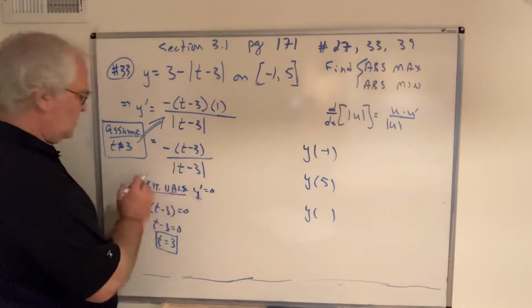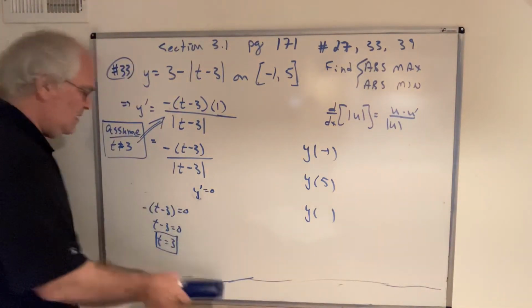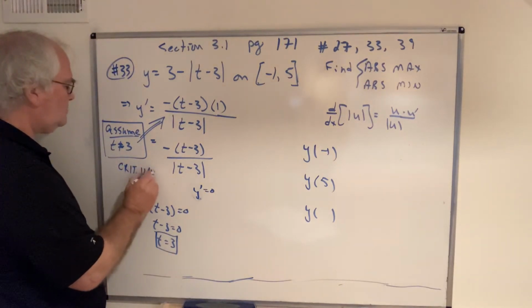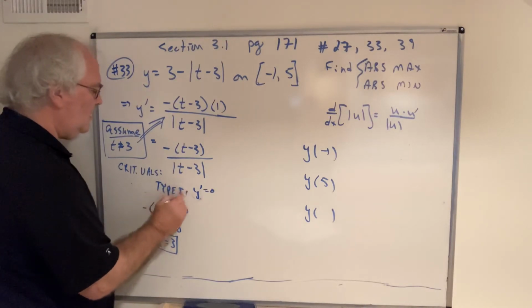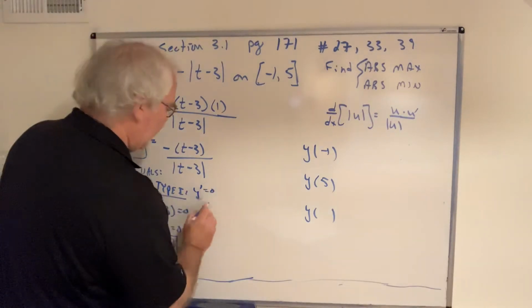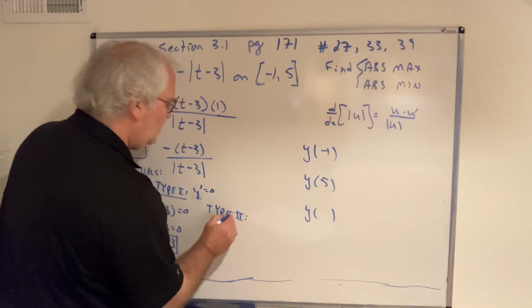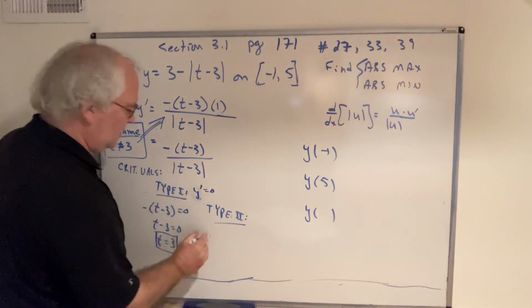Now this was type 1. I didn't write it down. I'm not going to get full credit for my work. This is the critical values. This is type 1. There, now I get full credit. And then I have type 2. Type 2 is where the derivative's denominator is equal to 0.